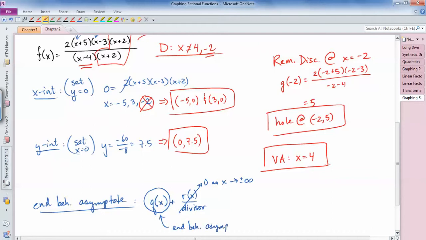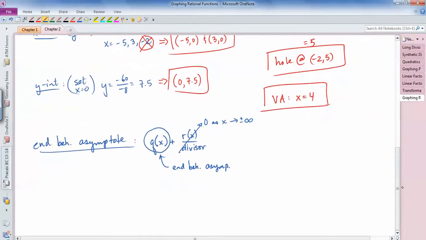So for our problem, we're going to do long division on it. The numerator was 2x cubed plus 8x squared minus 22x minus 60. And the denominator was x squared minus 2x minus 8.